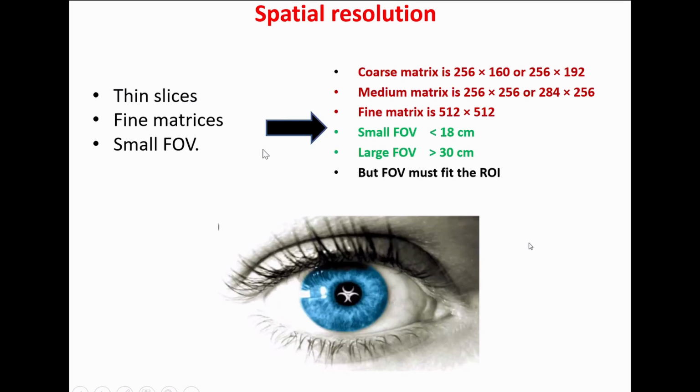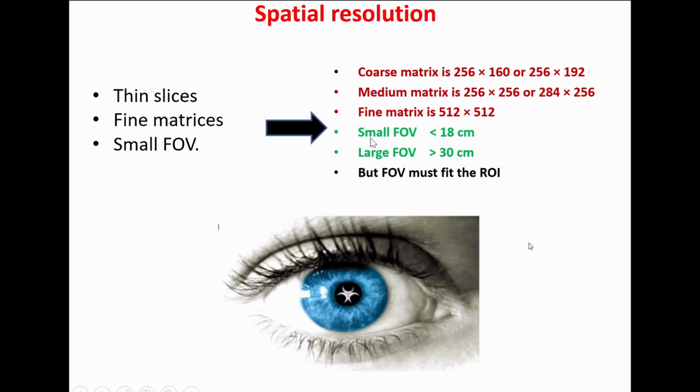Now, you might ask, what do you mean by fine matrix? So you need to know what is coarse matrix, what is medium matrix, what is fine matrix. When you have 256 by 160 or 256 by 192 that we often use in regular imaging, that is a coarse matrix. But a medium matrix is either 256 by 256 or 284 by 256.